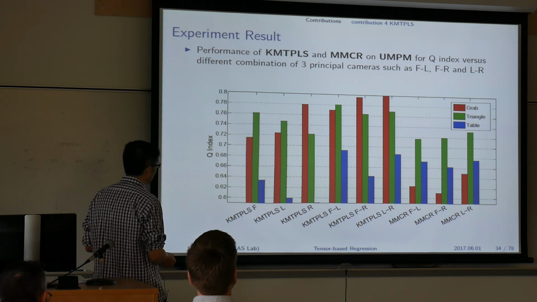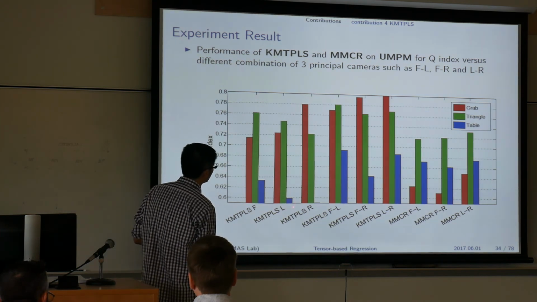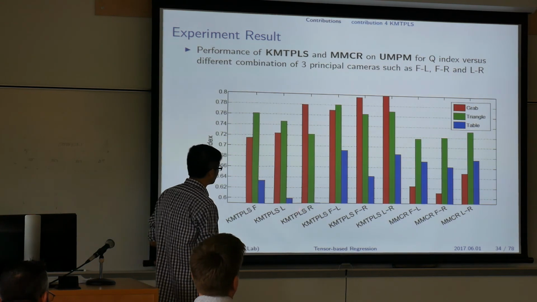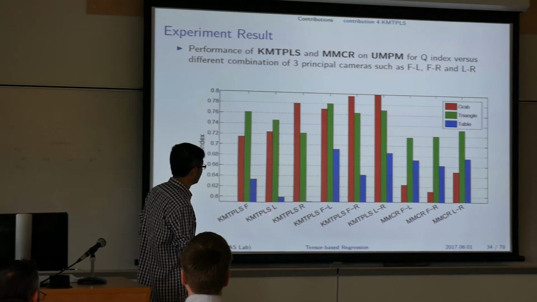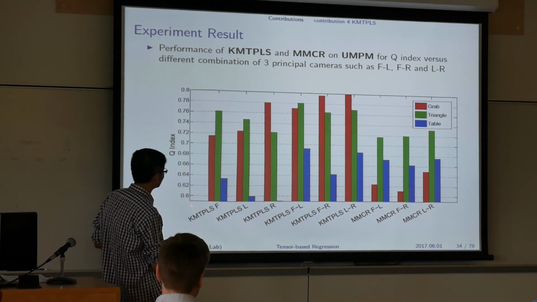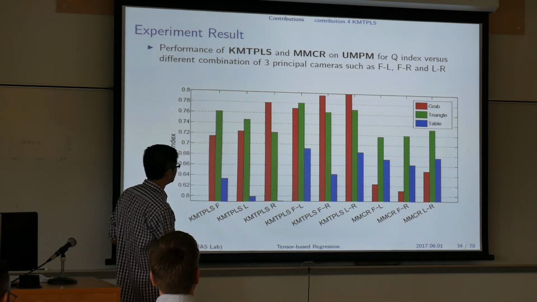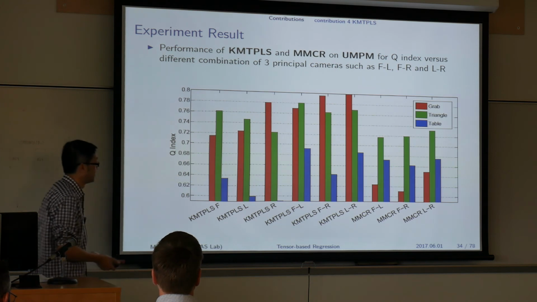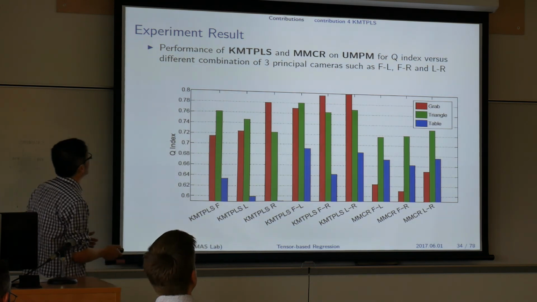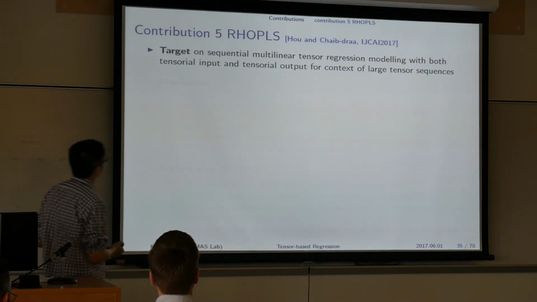For example, for the table scenario in the blue color, the optimal Q index obtained by the left camera and the right camera, which are both less than 0.6, can be boosted to more than 0.68 by using our fusing strategy, showing the effectiveness of our method. And the fifth contribution is called recursive high-order HOPRS.